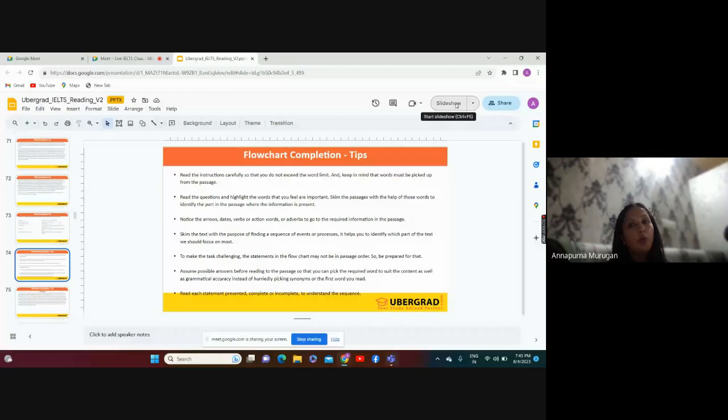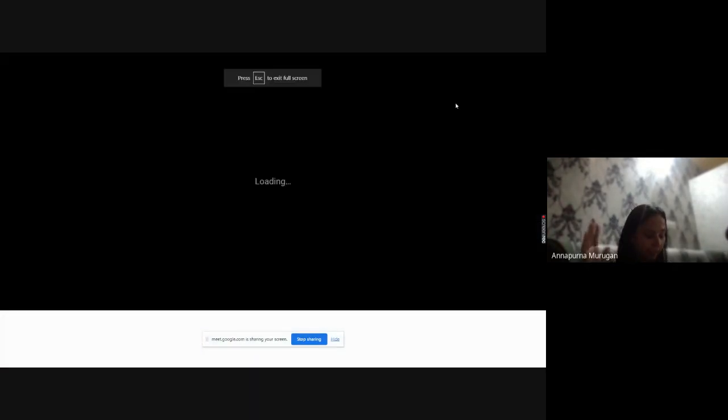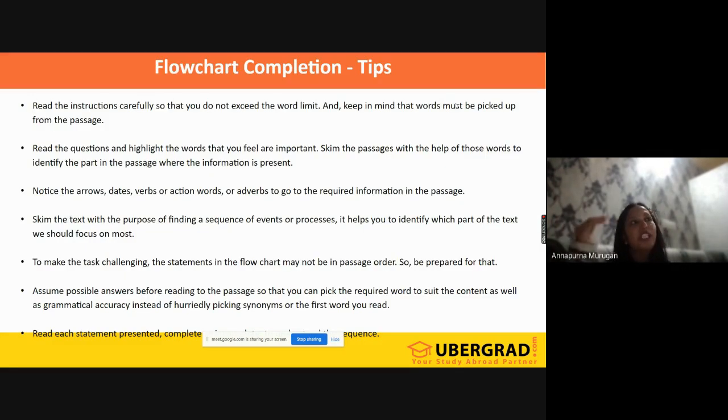Okay, so what is this flow chart? Basically, something that tends to happen continuously, which is describing the things in continuation. So that is called a flow chart, isn't it? This flow chart is something easy and sometimes it is complex also.